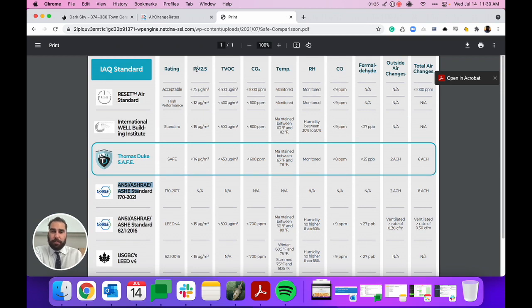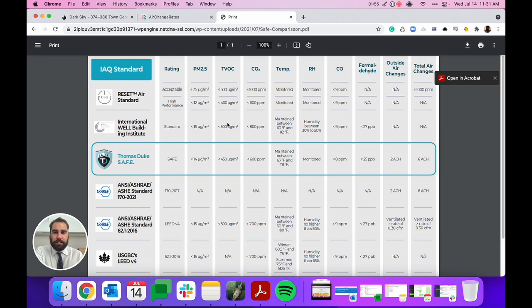If they said we should have this many, 12 micrograms of PM 2.5, not millimeter, but even smaller particles, we said, okay, we're going to have this few. If they say you should have this few TVOCs, we went under that. Same with CO2, et cetera. So again, meet or exceed, we're very pleased with that.